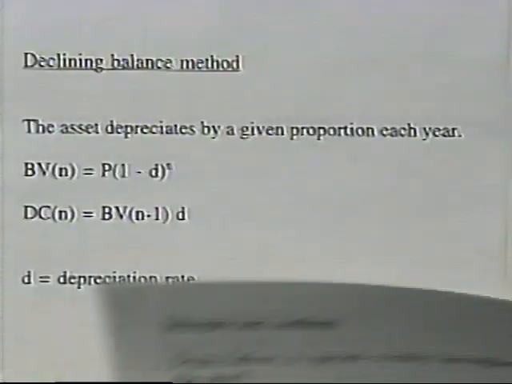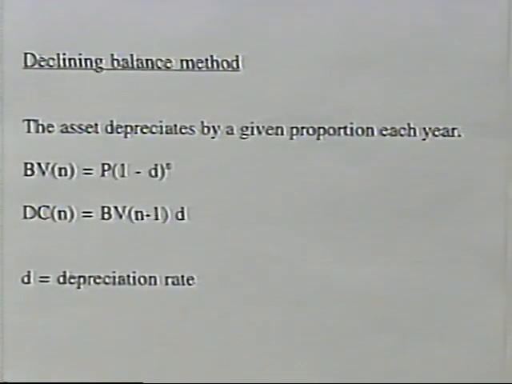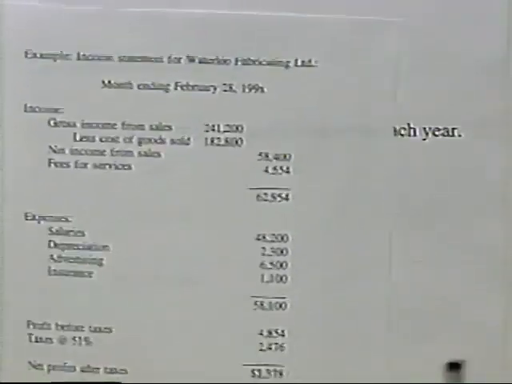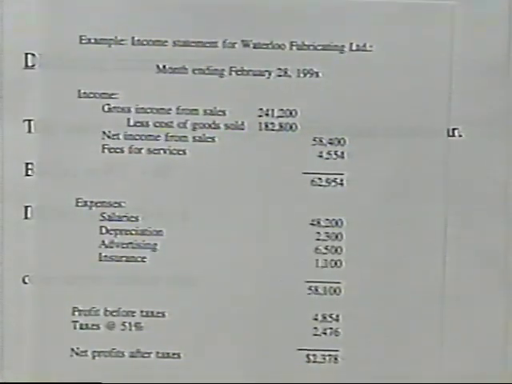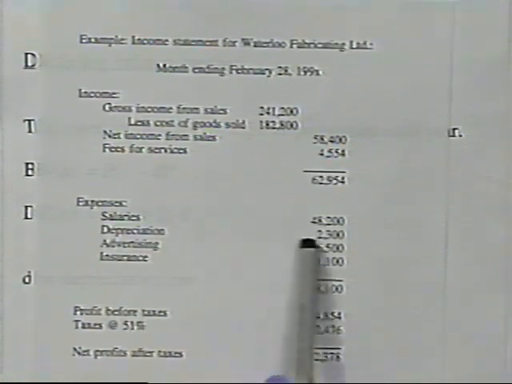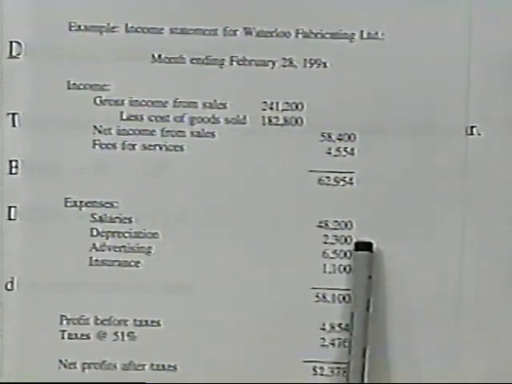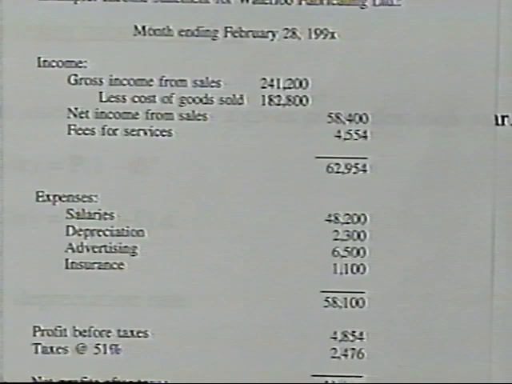The other method of calculating depreciation that we're going to look at in the course is the declining balance method. The idea behind the declining balance method also comes from our study of accounting. Recall that in the income statement for a company, depreciation shows up as an expense. There's actually a cost reflected in the loss of value of the asset.